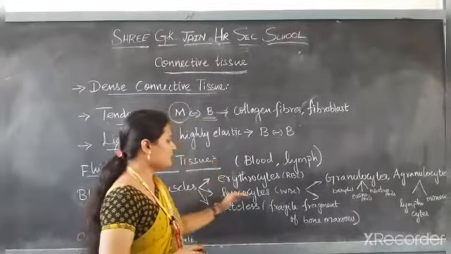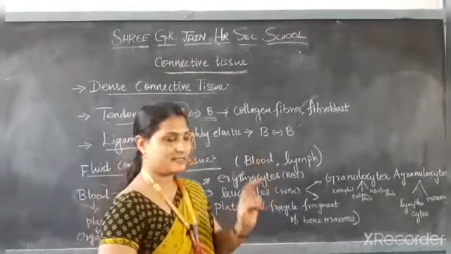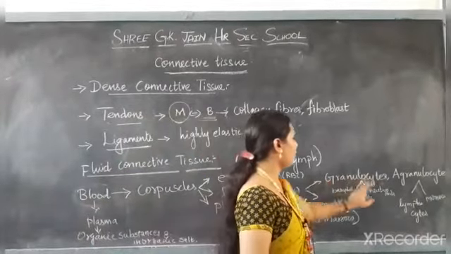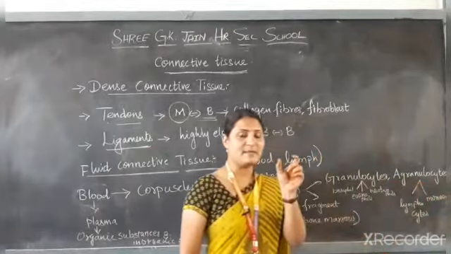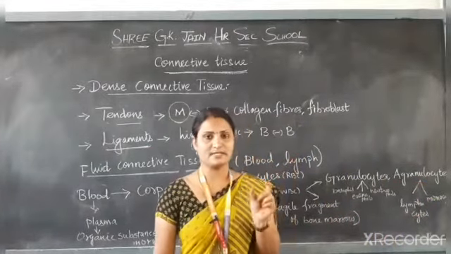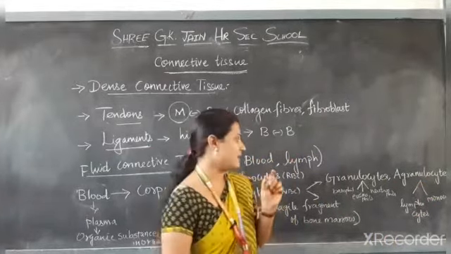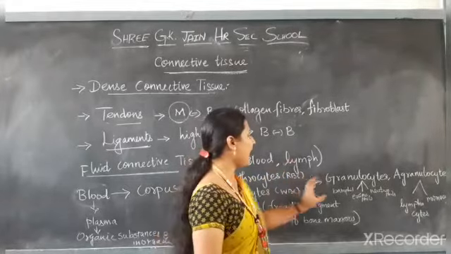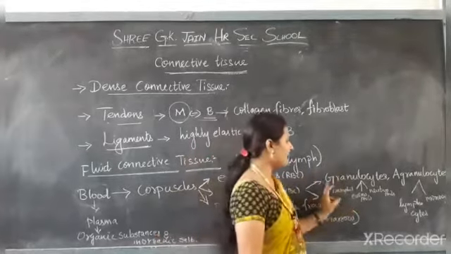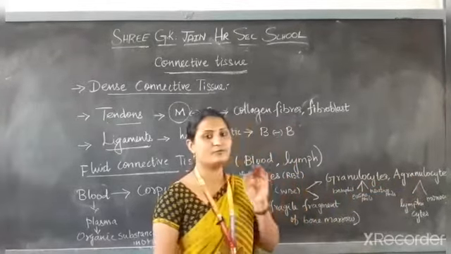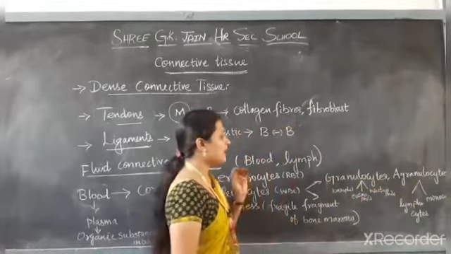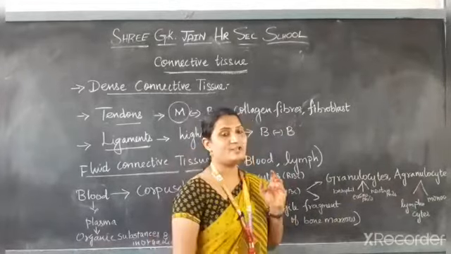These leukocytes have two categories: granulocytes and agranulocytes. What are granules? Granules are small particles. Granulocytes consist of three cells: basophil, eosinophil and neutrophil.